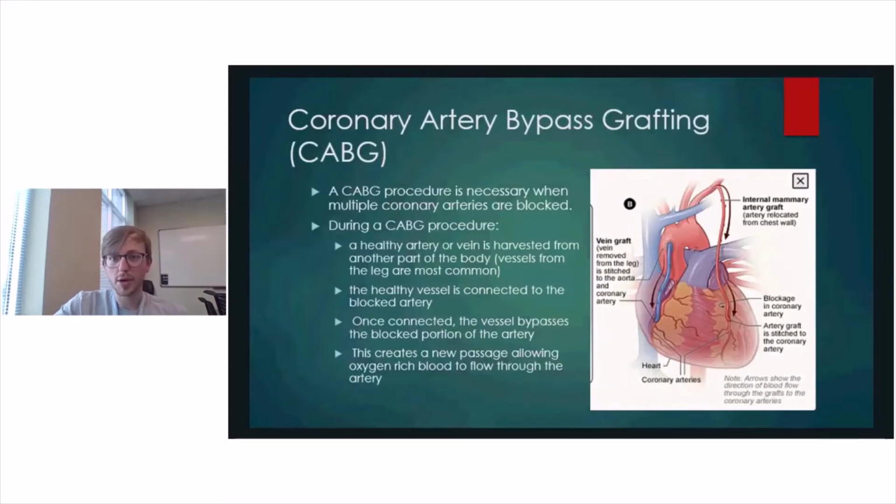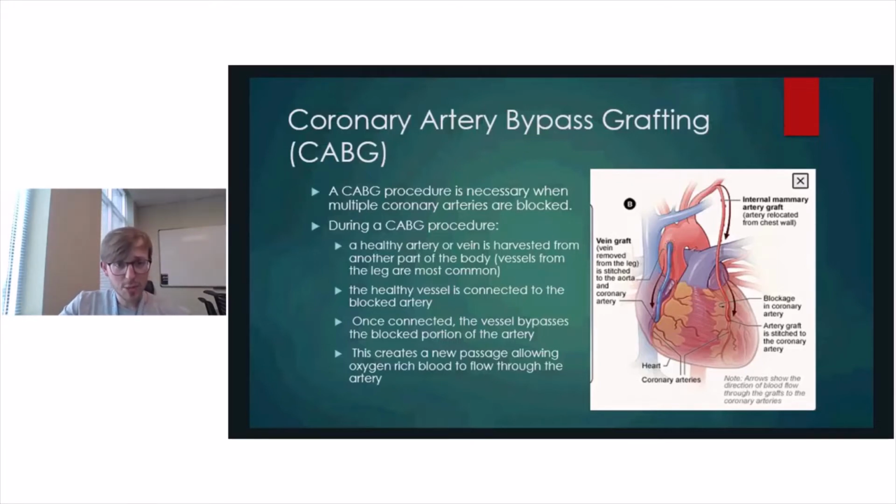So next up, we're going to talk about CABG, or coronary artery bypass grafting. I'm sure some of you within the program have had CABGs before. A CABG is a procedure that's necessary when you have multiple blockages within your coronary arteries.